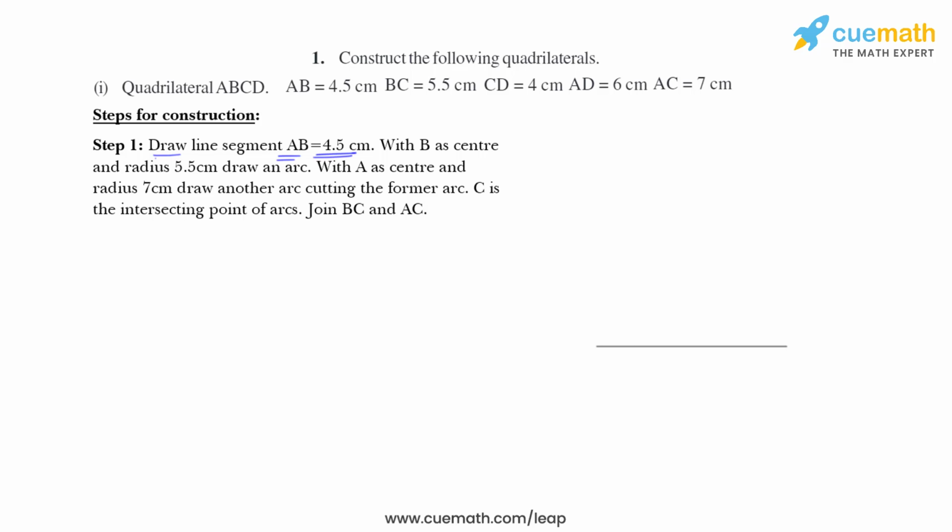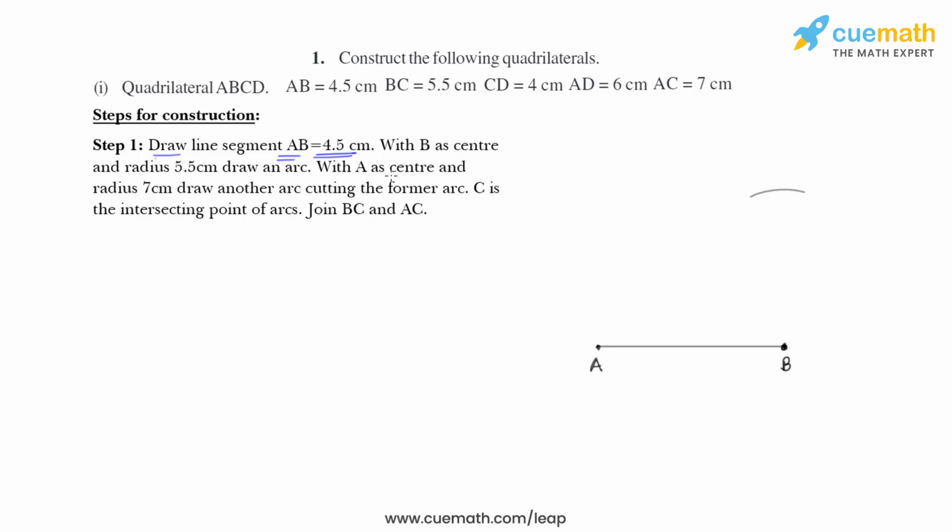Endpoints are A and B. This point is A. This is B. With B as center and a radius of 5.5 centimeters, because BC is 5.5 centimeters, we draw an arc like this.